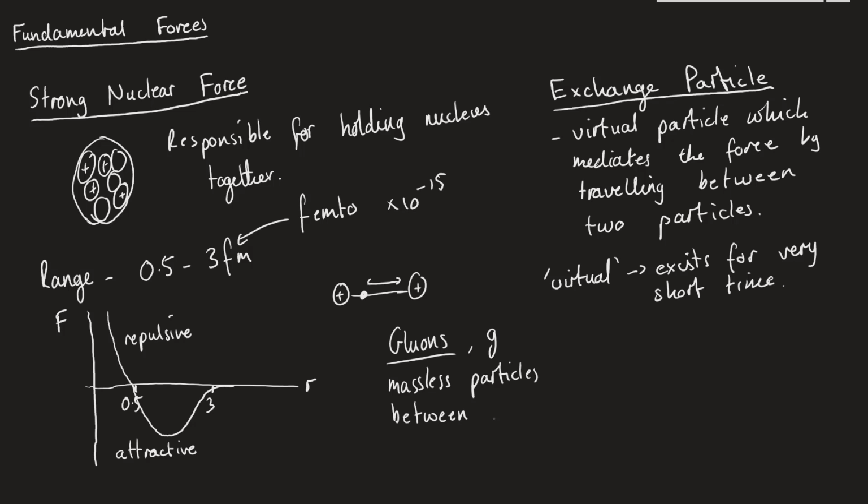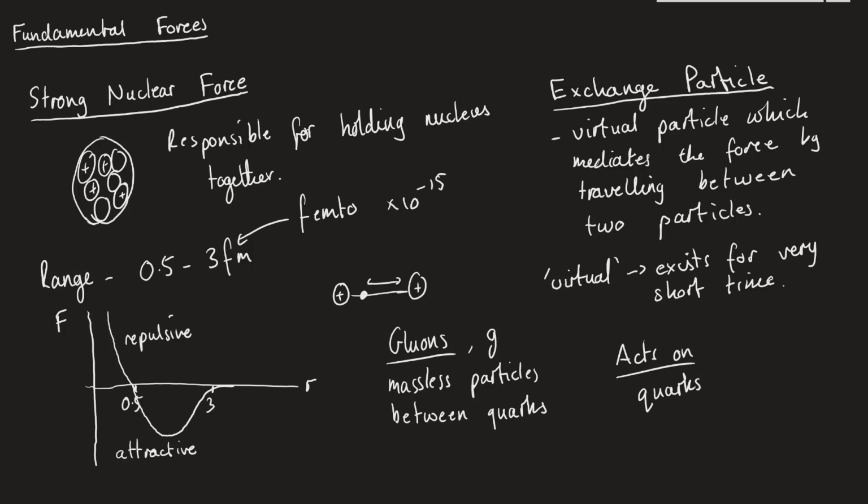So that means if they only travel between quarks, the strong nuclear force only acts on quarks. Meaning the strong nuclear force acts on protons, neutrons, baryons as a whole. It can act on mesons, it can act on single quarks, although we know we can't find a single quark by itself.